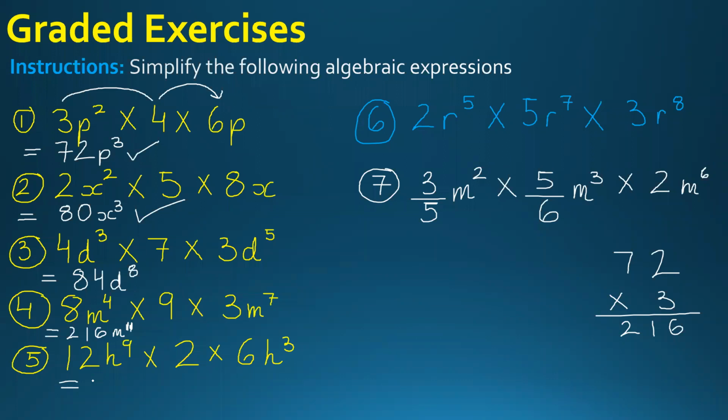Then we multiply 12 times 2 times 6. That's 144. That's correct. And then you put the 9 plus 3 powers next to that. Then the answer would be 144 h to the power 12. Very good. 144 h to the power of 12.